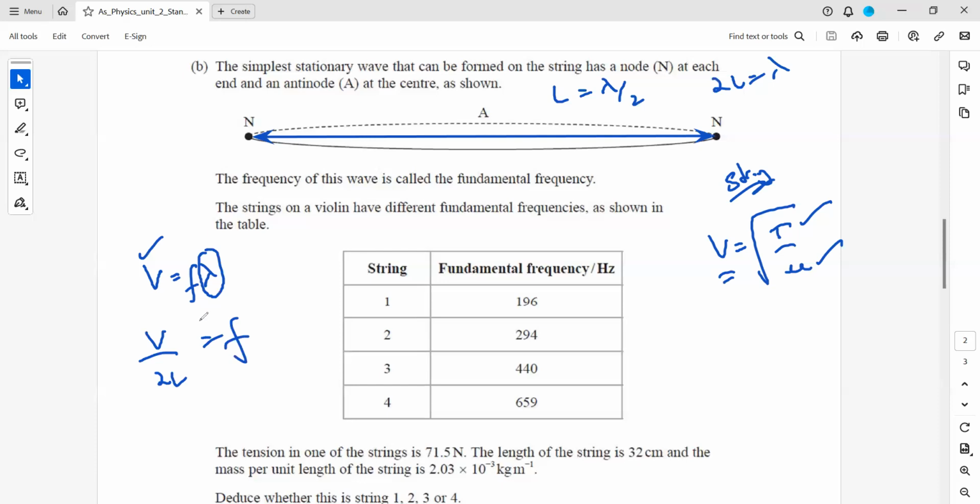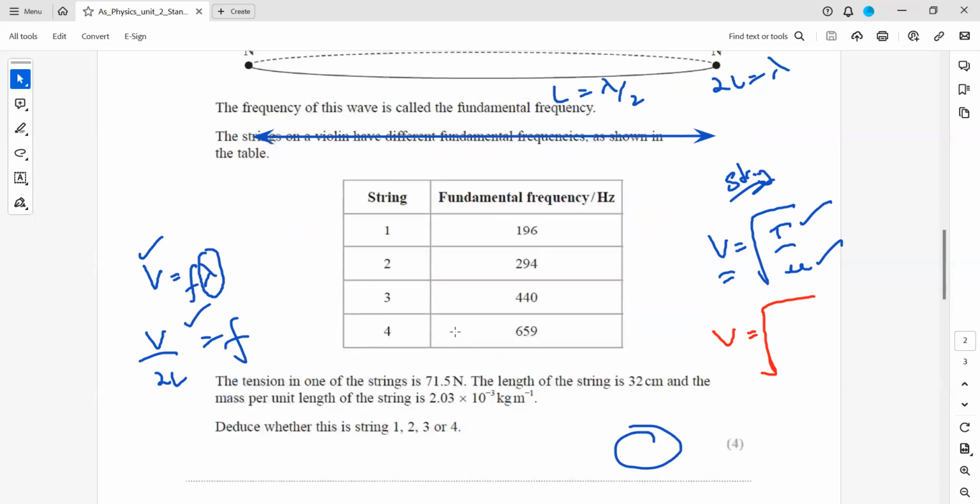After getting F, the length of the string is also given to us, which is 32 centimeters. So we'll substitute. First we'll find the speed at which this wave will travel, which is the square root of T divided by mu.